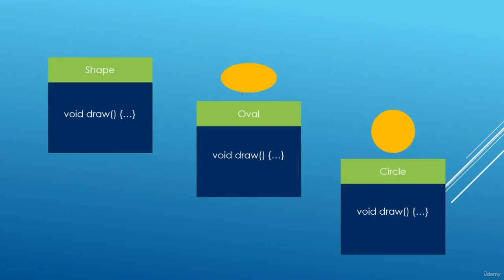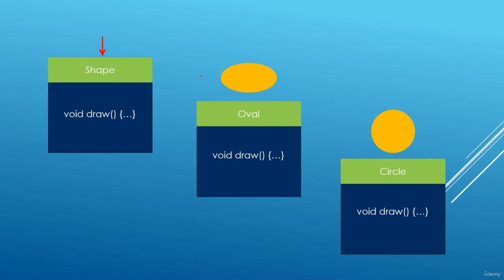Okay, so if we apply the same idea to our inheritance hierarchy here, we could manage oval and circle objects through shape pointers. Because shape is our base class, so we're going to be using base class pointers to manage real objects in memory in our inheritance hierarchy.